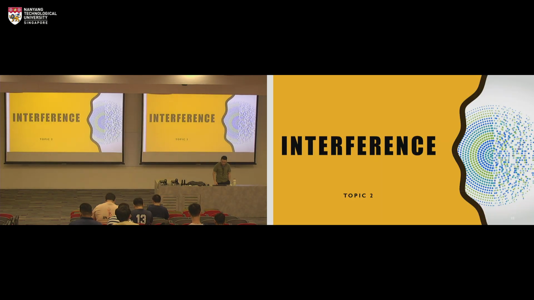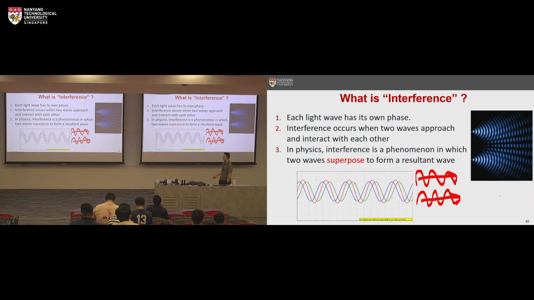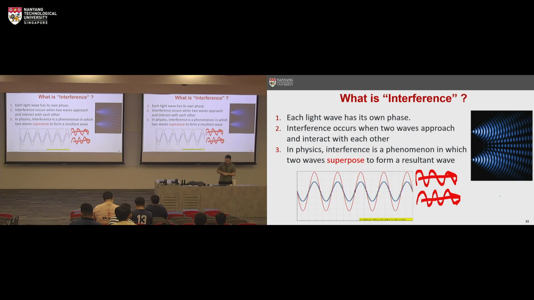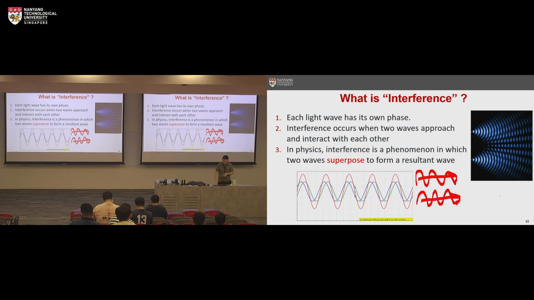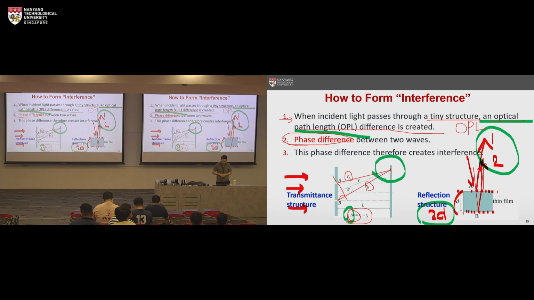So, moving on to the real topic of today, which is interference. Interference basically means that you have to have at least 2 lights, which is 2 waves. The 2 waves will interfere with each other, and that is why we call it interference. So what is exactly interfering? It is the phase. That is why in topic 1, you need to understand what phase is.